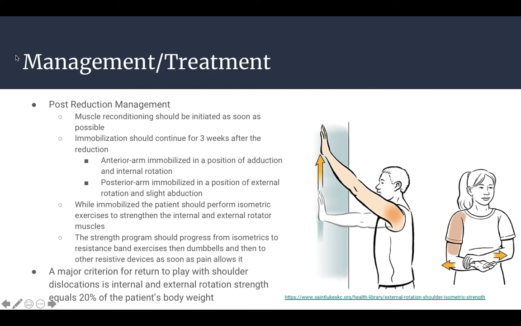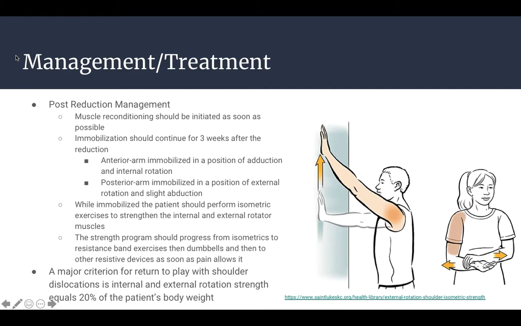For post-reduction management, muscle reconditioning should be initiated as soon as possible, and the immobilization should continue for 3 weeks after the reduction. With an anterior dislocation, the arm is immobilized in a position of adduction and internal rotation. With a posterior dislocation, the arm is immobilized in a position of external rotation and slight abduction.